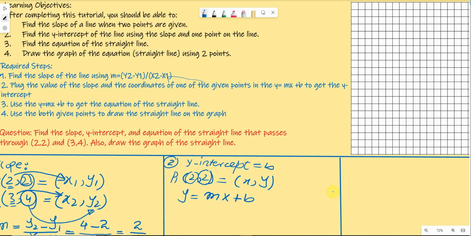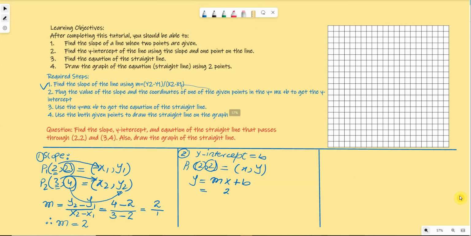So what you have to do here is just substitute the values of x, y and m. x we have 2, and this is our slope, which is 2. So m times x is 2 times 2, and the y-intercept we don't know.